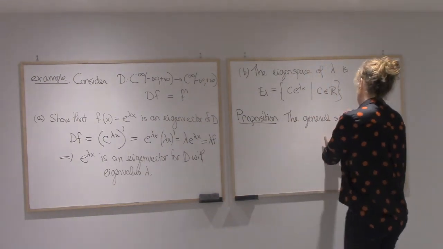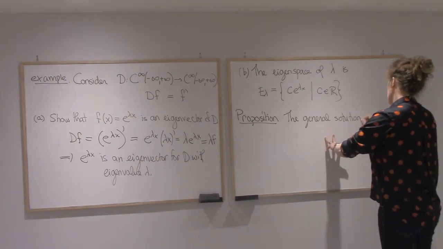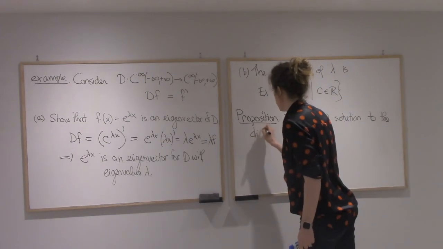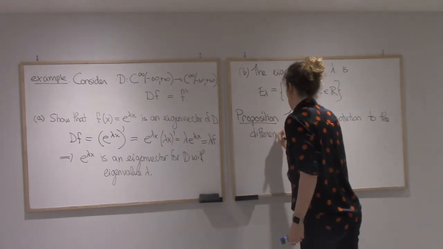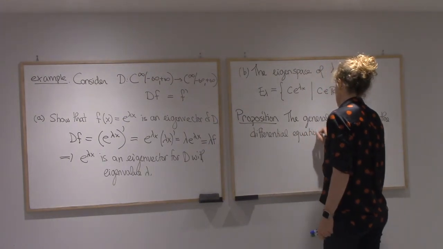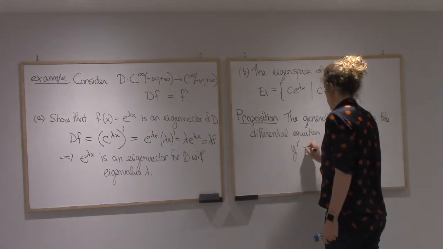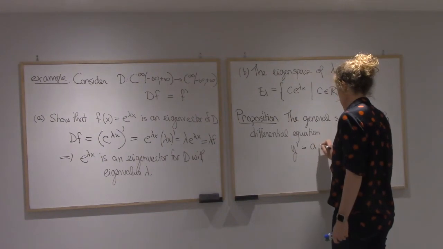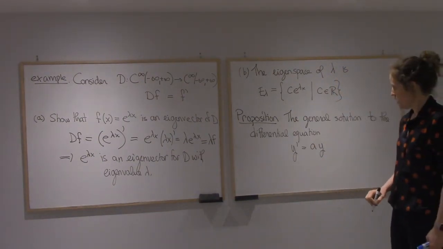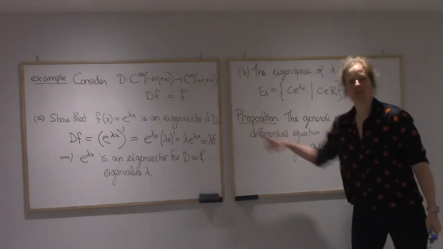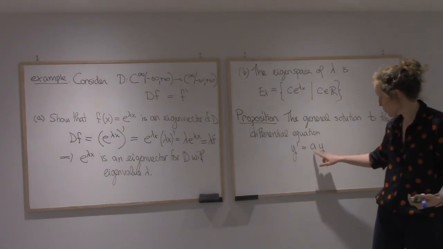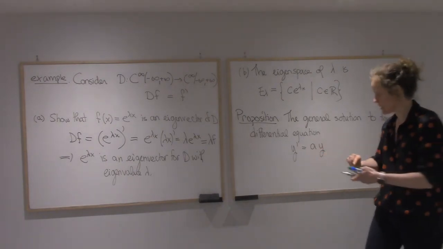solution to the differential equation y prime equals a y. So again, this is just dy and this is y again. So this means I have an eigenvector with lambda equals a.